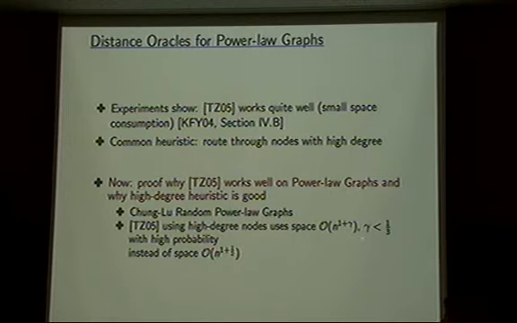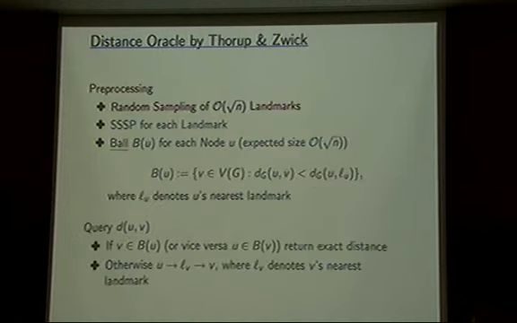And what we prove now is that actually the space is much smaller indeed. We prove that the space is n to the 1 plus gamma, where gamma is some function of this power law graph. So the experiments show that the Thorup and Zwick distance oracle works very well for power law graphs, and we now give some evidence why it works very well for these Chung-Lu random power law graphs.